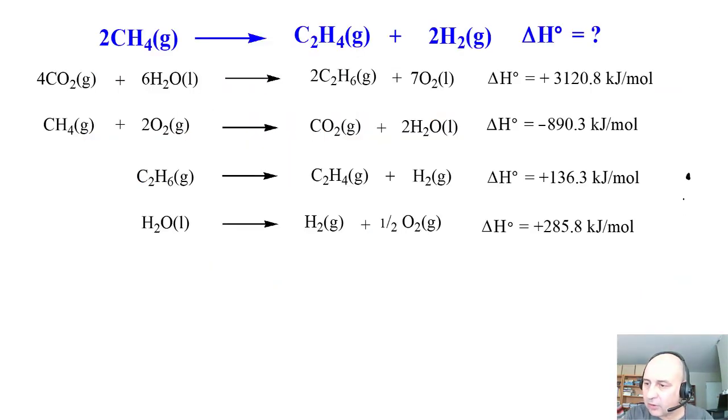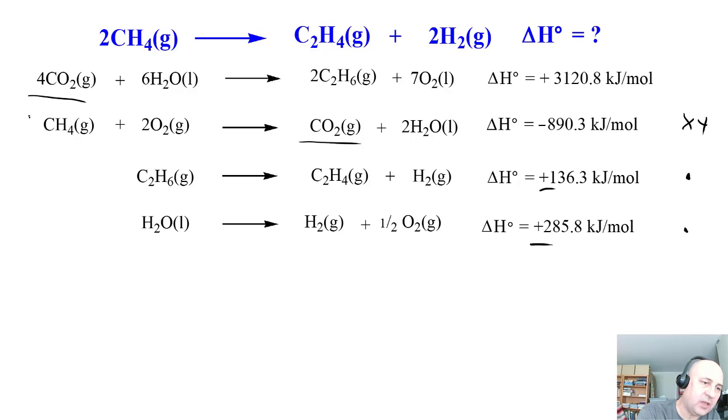These two reactions are reversed, and so are the signs, but now we have to look at the stoichiometry. The first thing we notice is that we have 4 carbon dioxides on the reactant side, but only 1 here. So we'll need to multiply this entire reaction through by 4.